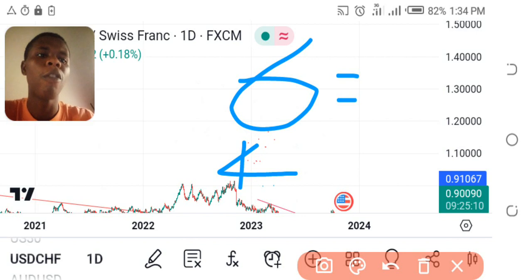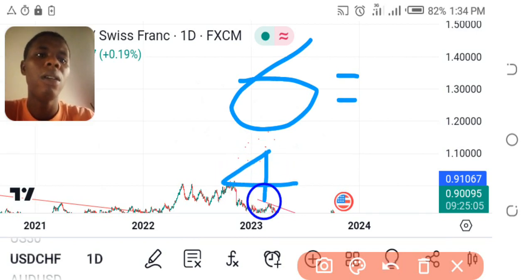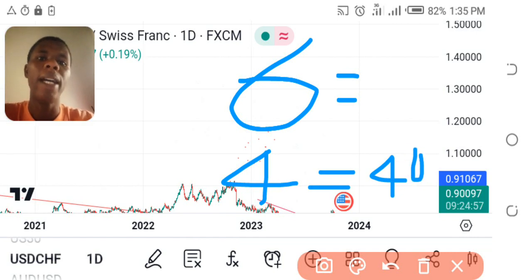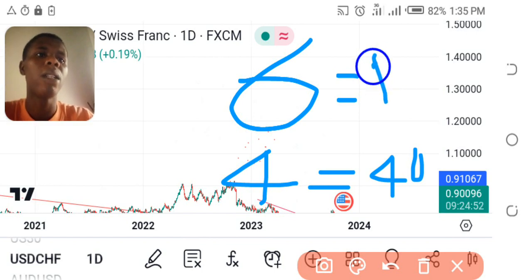I lost 4 of my trades. Now 4 losing trades is equivalent to $40, and 6 winning trades, since it's 1 to 3, I'll be having $180.